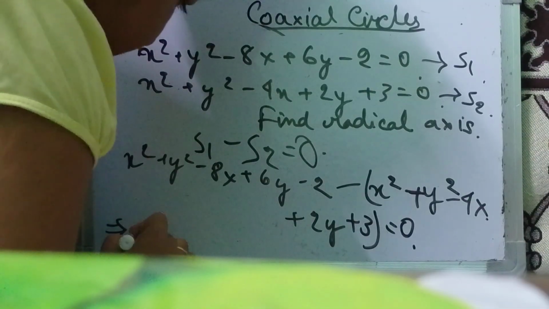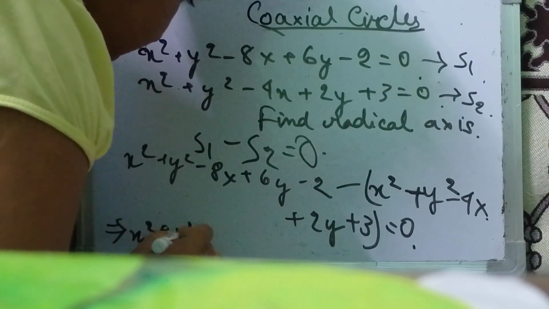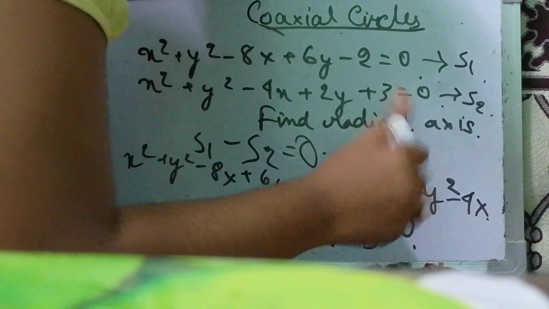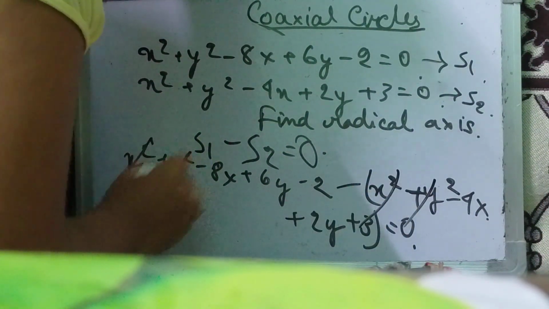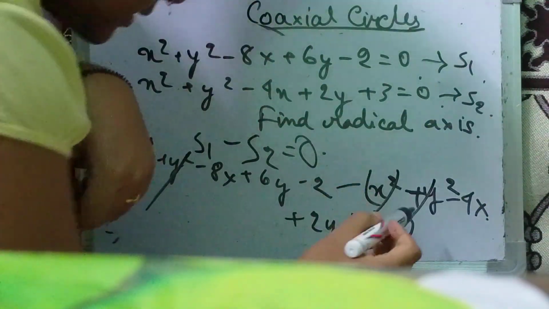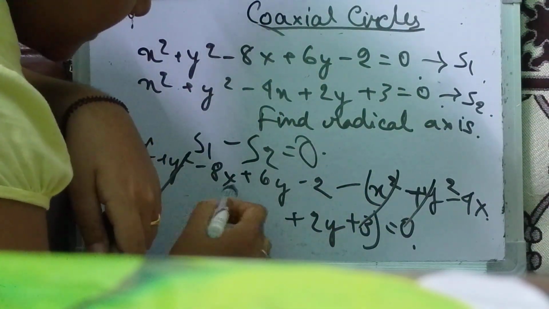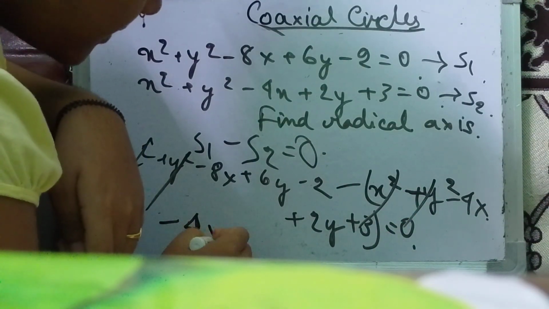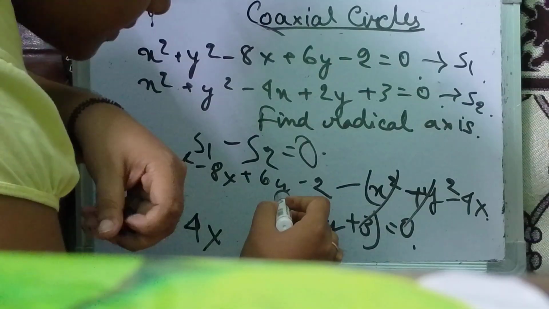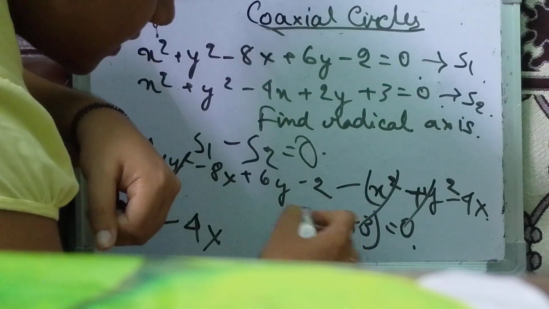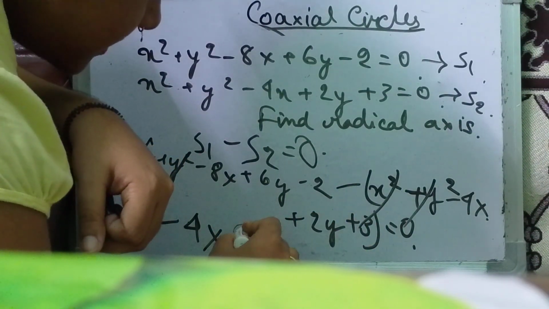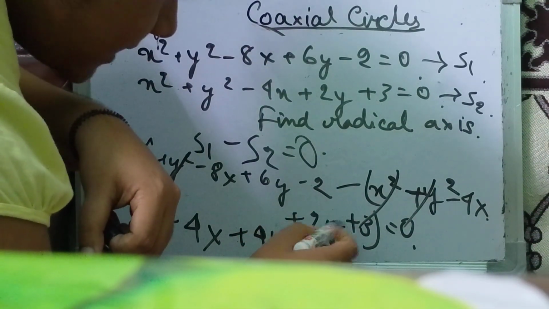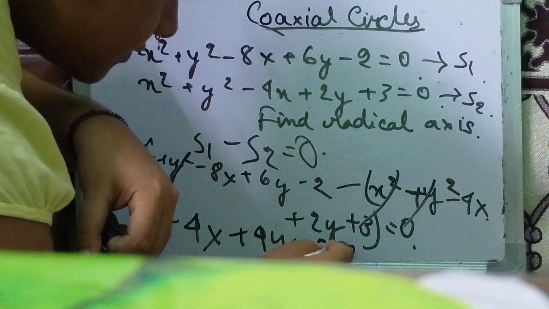So from here we can cancel x² and y². From here we get −8x and +4x, so it becomes −4x. Then +6y and −2y, so this becomes +4y. Then −2 −3 gives −5 = 0.